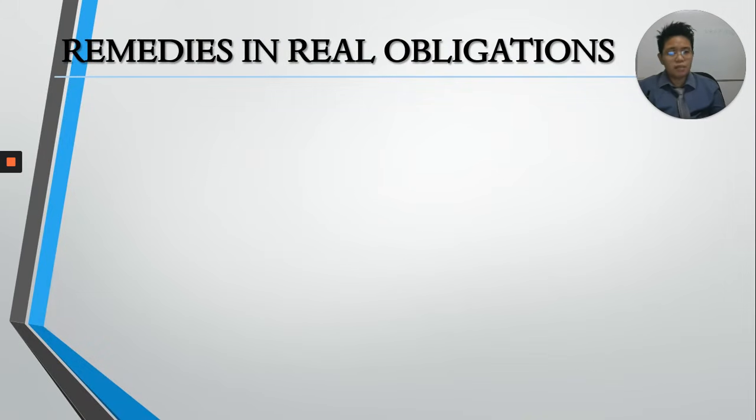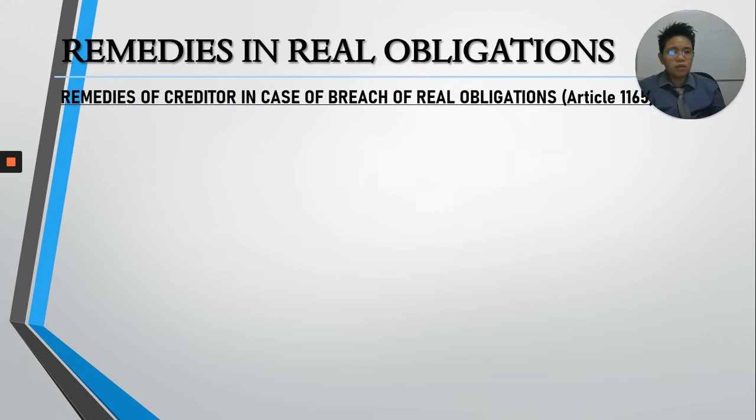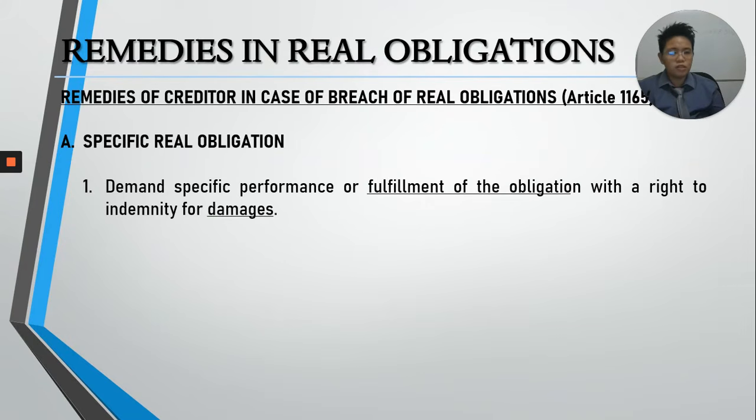How about the remedies? So, yung remedies in real obligations, in case of breach of real obligations, what you have to remember is that kailangan yung i-differentiate. Ano ba yung binibreach? Specific obligation or generic obligation? So, for specific real obligations, the remedies of the creditor, syempre remember class, ang creditor ang may right. Ang nagbi-breach ng contract is yung debtor.